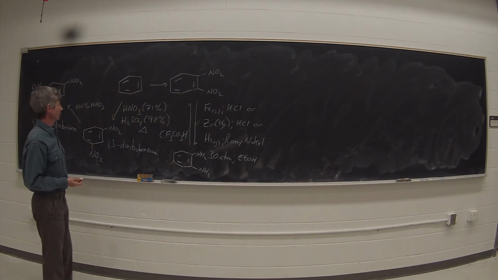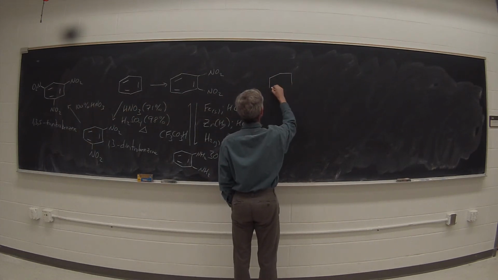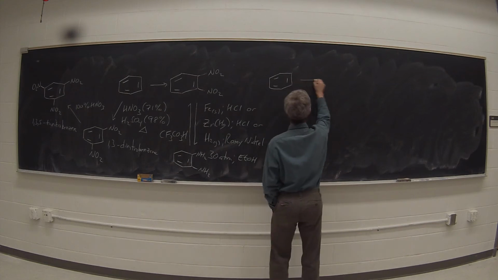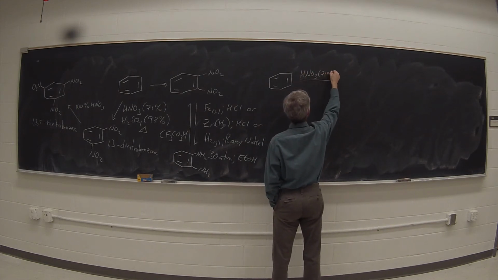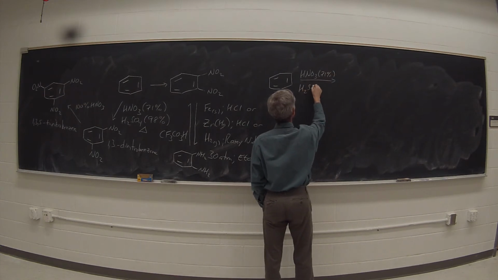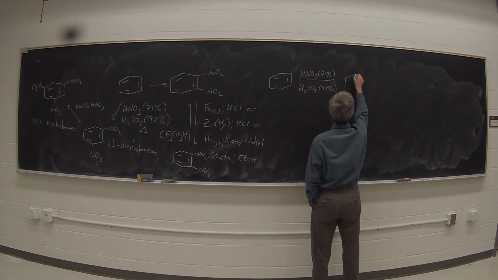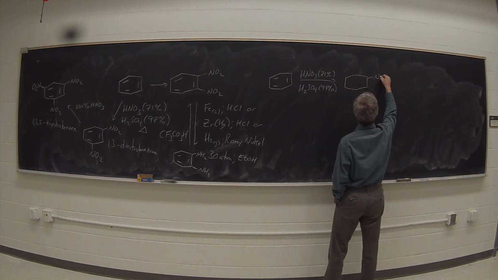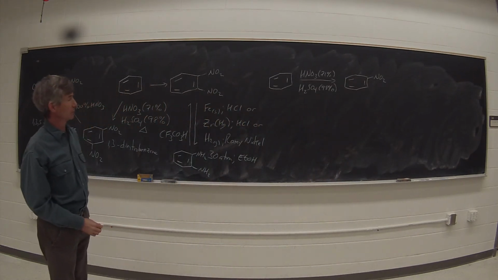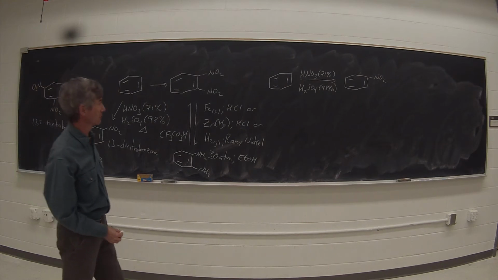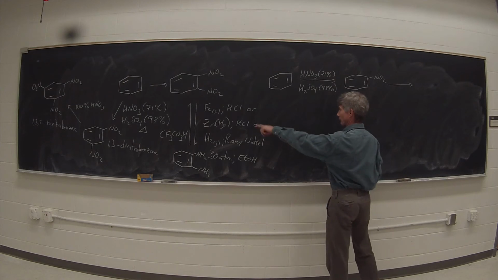Like many syntheses, this one is going to start with mononitration. So the first thing we're going to want to do is make nitrobenzene using concentrated nitric acid and concentrated sulfuric acid. And if we do that under relatively mild conditions, we'll end up with a good yield of the mononitrated product. We're then going to reduce this using one of the 3 sets of conditions.